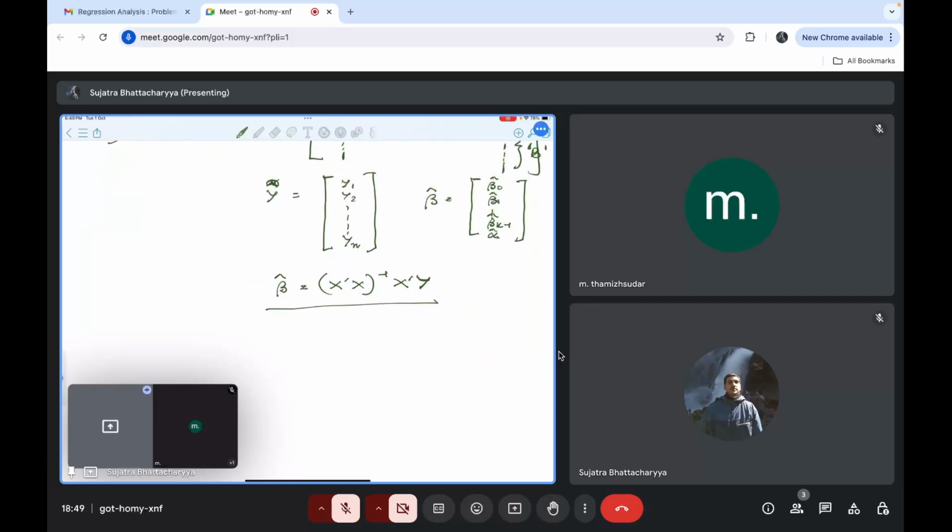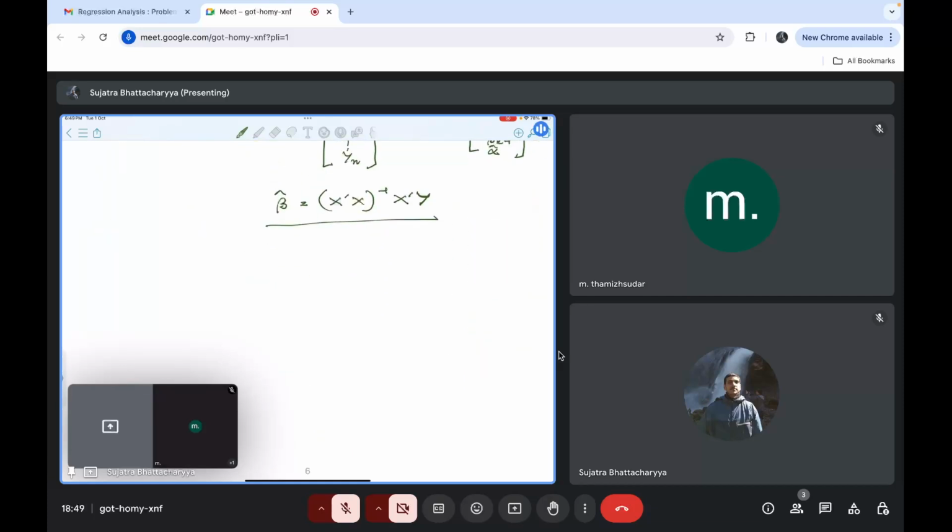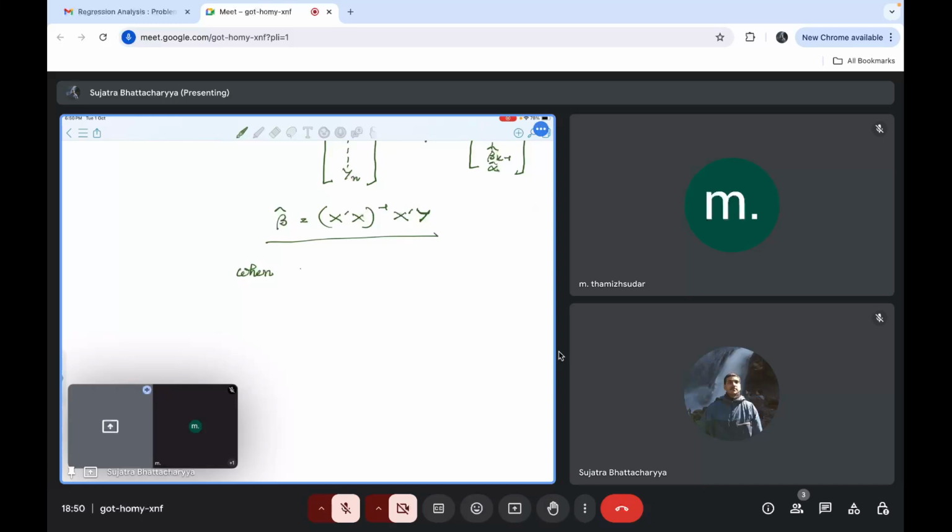So what you can see here is, when you have two sets of data, say A and B, you are using two dummy variables.